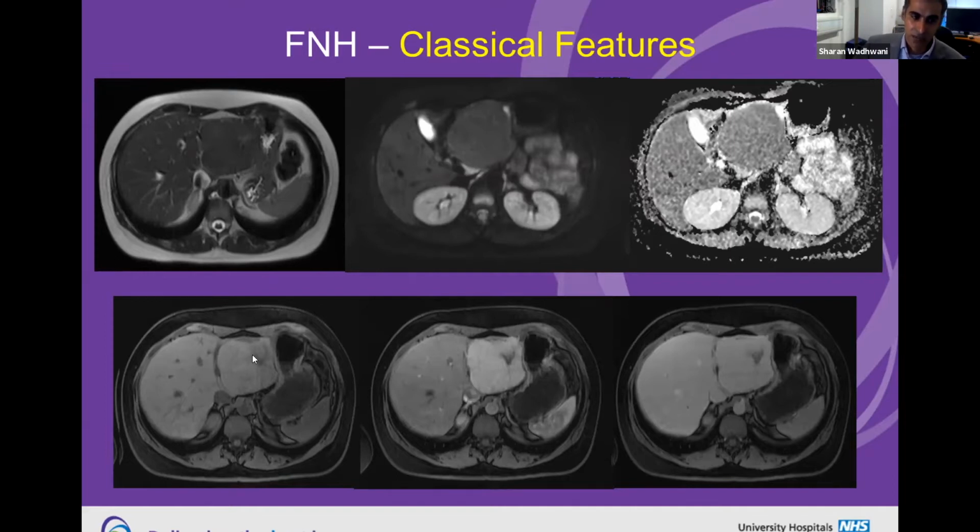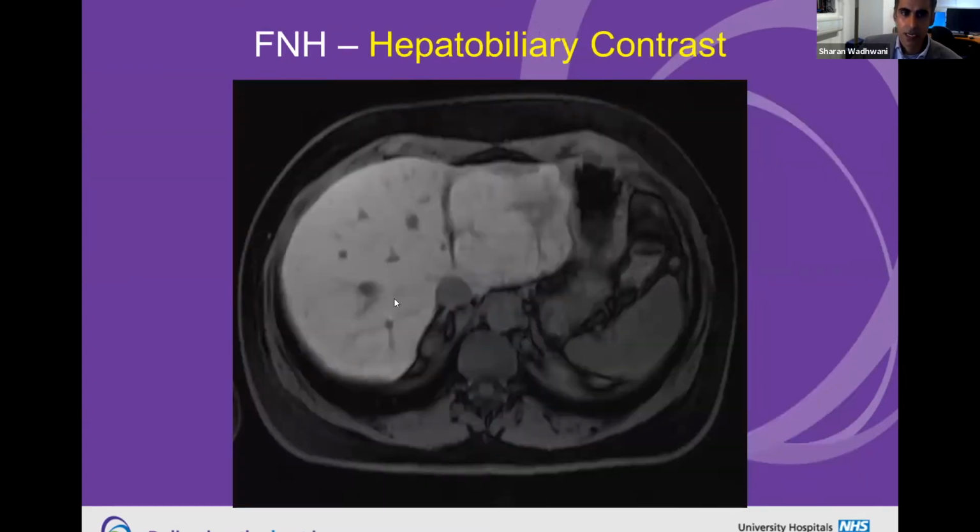In the non-contrast phase, it's again iso, okay? Arterial phase, it enhances uniformly and brightly. And this is again that late phase where it retains contrast. In the hepatobiliary phase, it keeps the contrast. And this is very characteristic of an FNH. Sometimes FNH is a bit brighter than this in the hepatobiliary phase.